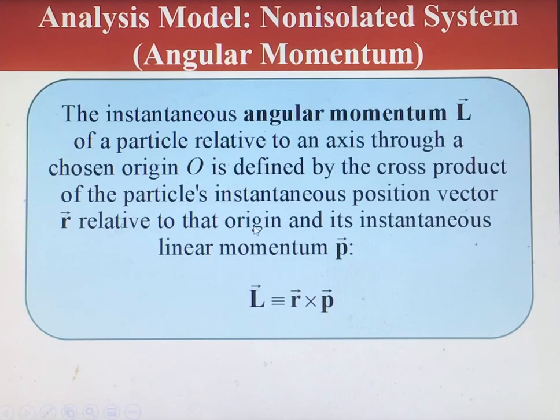All right. So now we're going to define a quantity that is called the angular momentum. The angular momentum vector is given by the cross product of the displacement vector and the linear momentum vector. This is my definition of angular momentum.